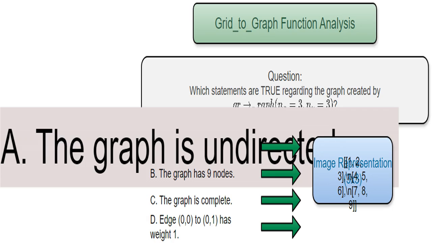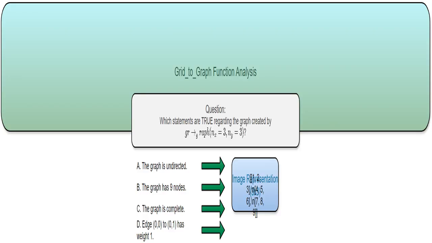This statement claims the resulting graph has 9 nodes. Because the input is a 3x3 grid, and each cell will map to a node in the graph, this is indeed true. This statement indicates the graph's edges don't have a direction. That is, if node A is connected to node B, then node B is also connected to node A. I find this to be true based on how grid_to_graph operates.